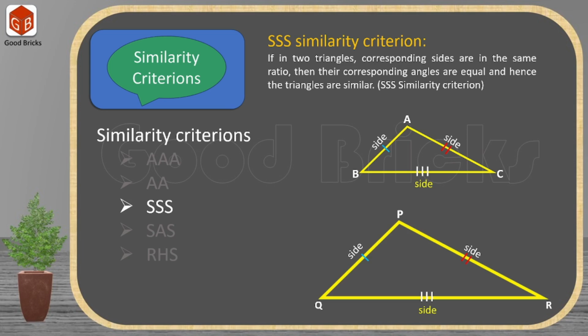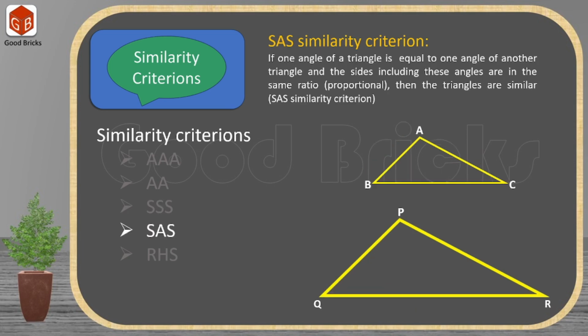Next, let us discuss SAS, side angle side similarity criterion. See here on the screen, AB and PQ are corresponding sides and they are in the same ratio. Angle B and angle Q are corresponding angles, then BC and QR are corresponding sides.